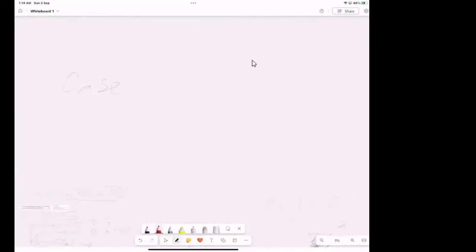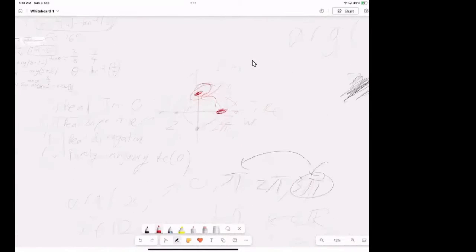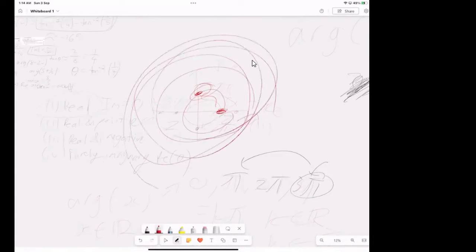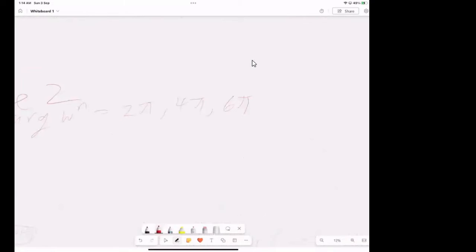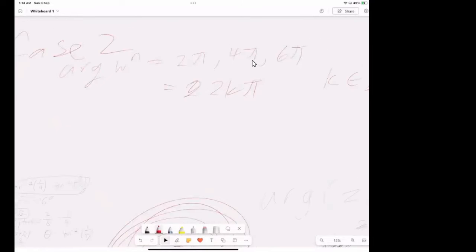Case two, real and positive, is we run it such that the argument of w power of n is 2 pi, 4 pi, 6 pi. You get the gist of it. So it equals 2k pi, where k is an element of the integers.